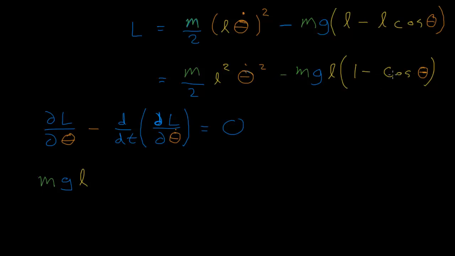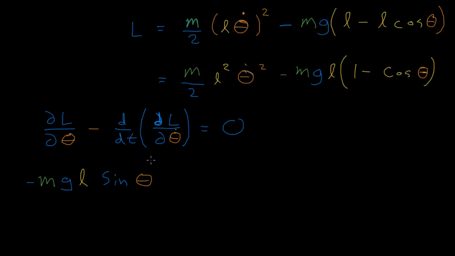This negative here and this negative here, those two negatives cancel out, and we get a positive. So we're taking the derivative of positive cosine, and we end up getting negative sine theta. So that's this term.